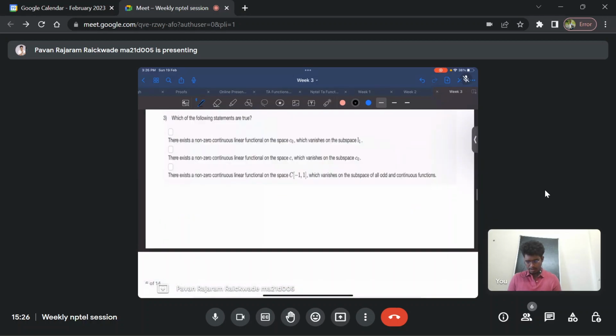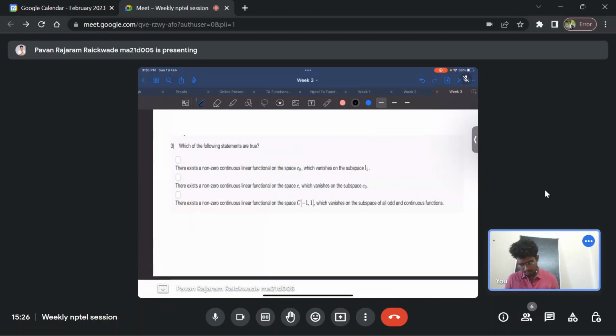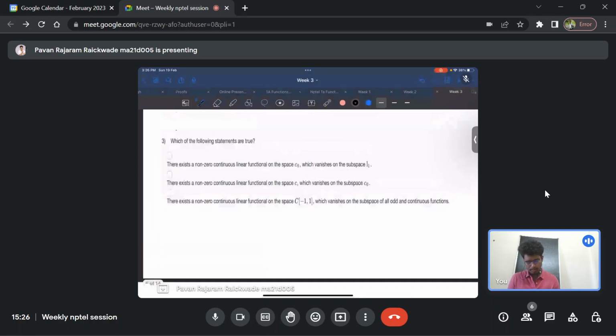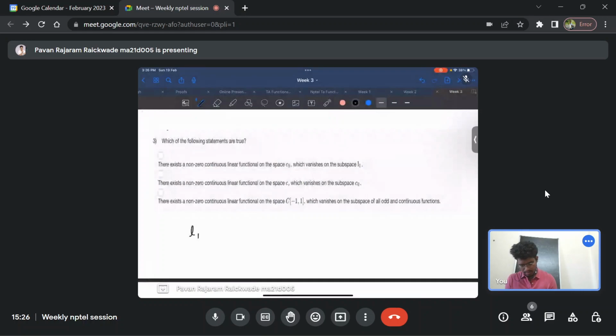Okay, so question number 3. There exists a non-zero continuous linear functional on the space C0 which vanishes on the subspace L1. For the first, we have L1 is contained in C0. So we need a continuous linear functional on C0 such that f restricted to L1 is identically 0.